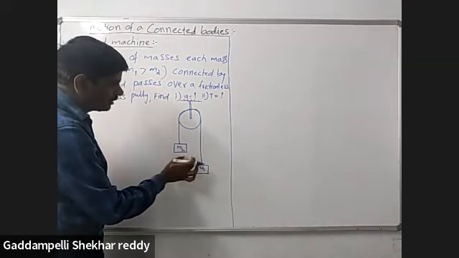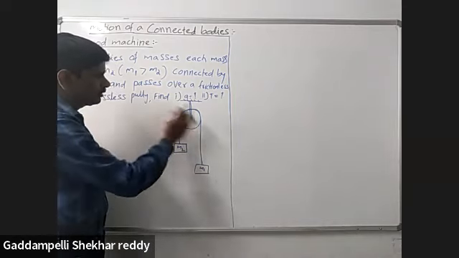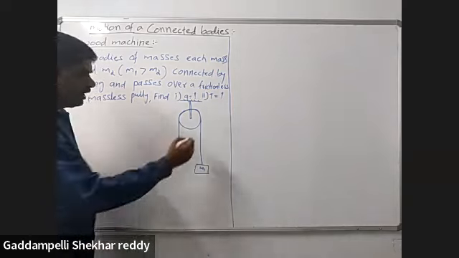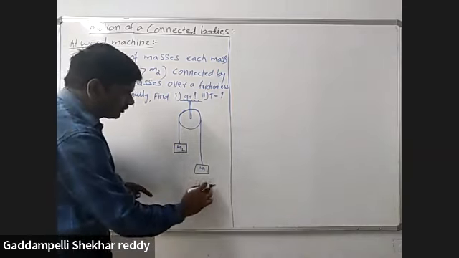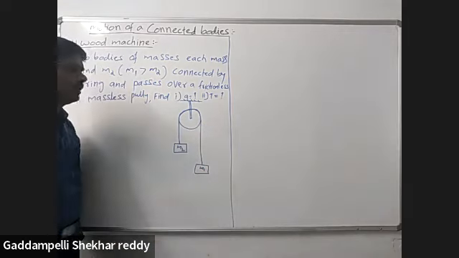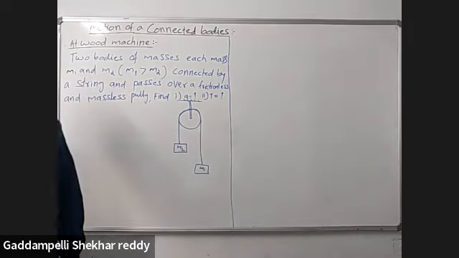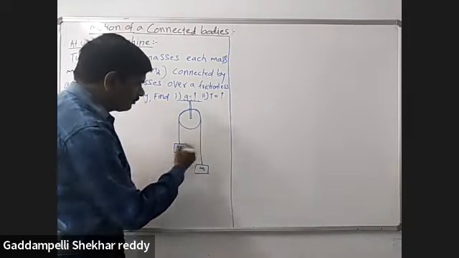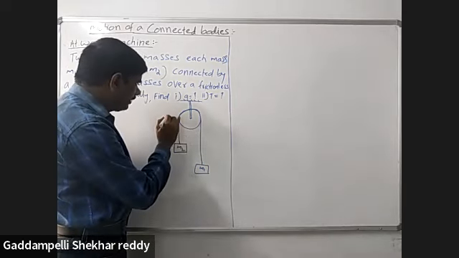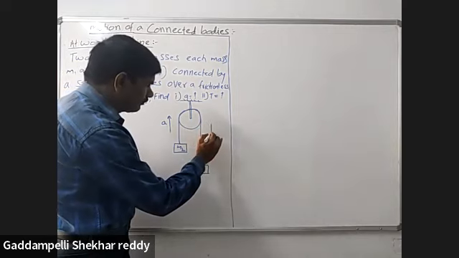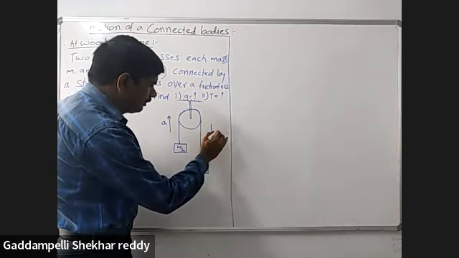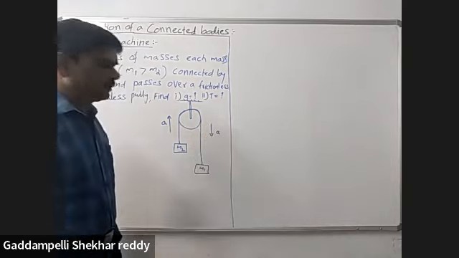So if the system is released, the masses pass over the pulley. Here m1 greater than m2 means m1 moves in the downward direction and m2 moves in the upward direction. So the acceleration of m2 is in the upward direction, and the acceleration of m1 is in the downward direction.